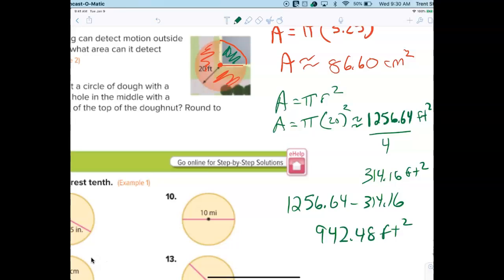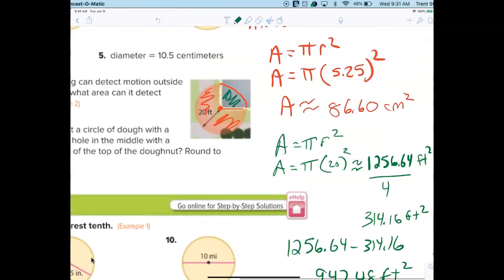Now listen to me. I want everybody to put on their calculator 1256.64. That's the whole circle. I said put it on your calculator, guys. All right, now I want everybody to look at my picture.